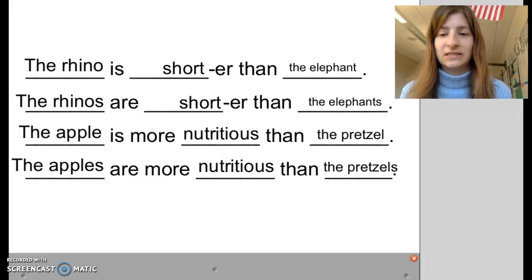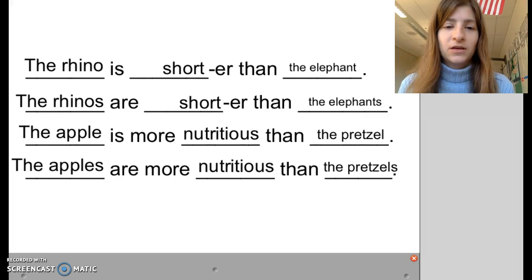There you can see the last two sentences. So again, if it's a short word, in the middle I use ER. If it's a long word, I have more in front of it. If I start with one thing, I use is. If I start with more than one, I use are.